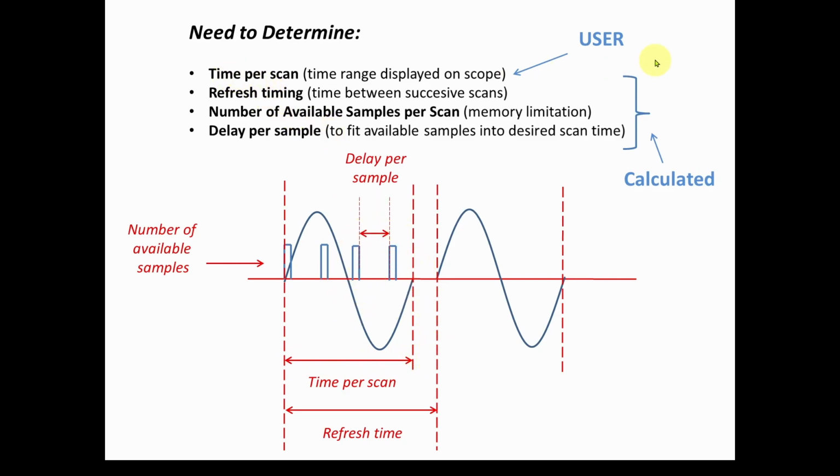Ideally, the user says, give me 0.1 second scan time, and our application calculates all the rest. But again, we have to know the maximum samples we can use based on memory, and the refresh time after we've measured how long this actually takes.